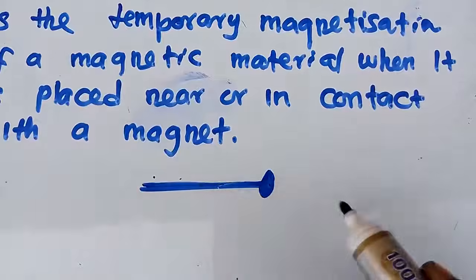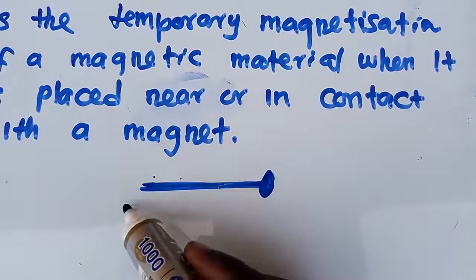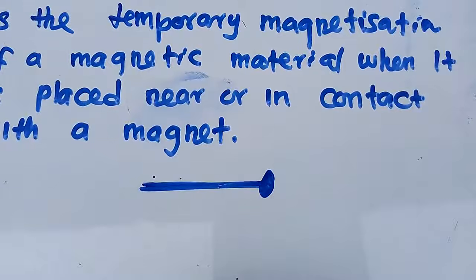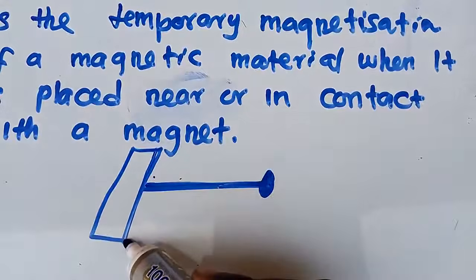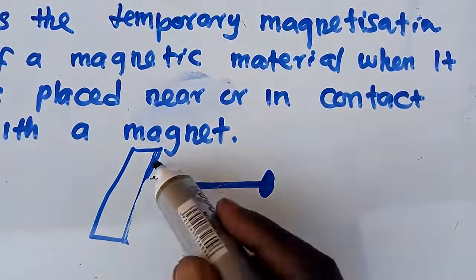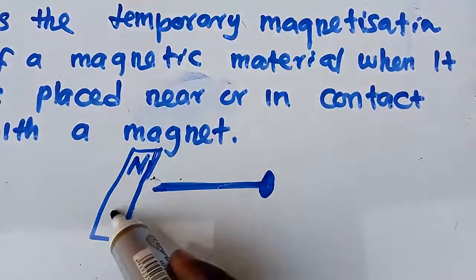This is a nail. When this nail is brought near a magnet, let's say it is brought near this bar magnet, we've got the North Pole and the South Pole.